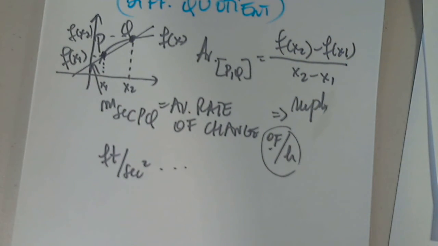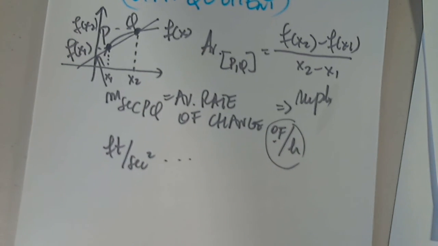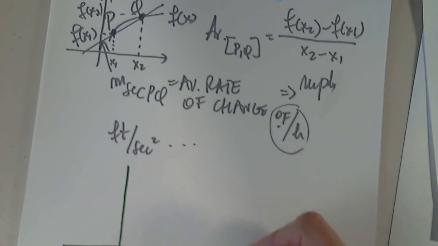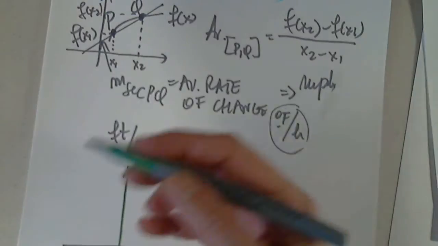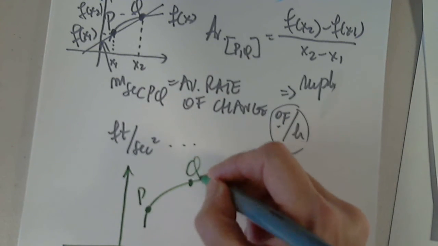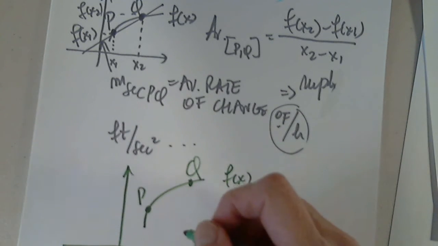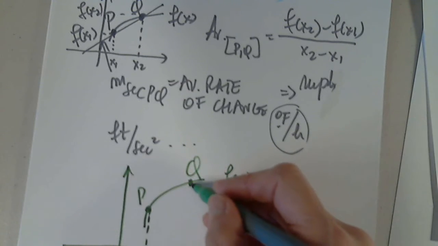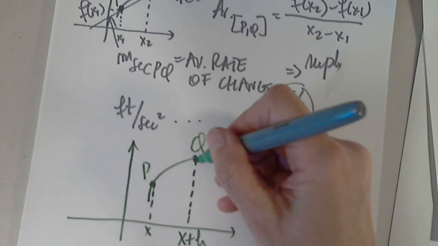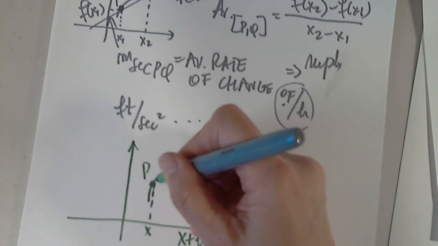And then from here, I presented this at the beginning of the course because I can't wait till chapter 1 for many reasons. And then we looked at the difference quotient, which is the same thing, identical, just the notation is different. So this is P, and this is Q, and this is f of x, and now this is x, and this is x plus a little bit, which really says to you that Q is close here.